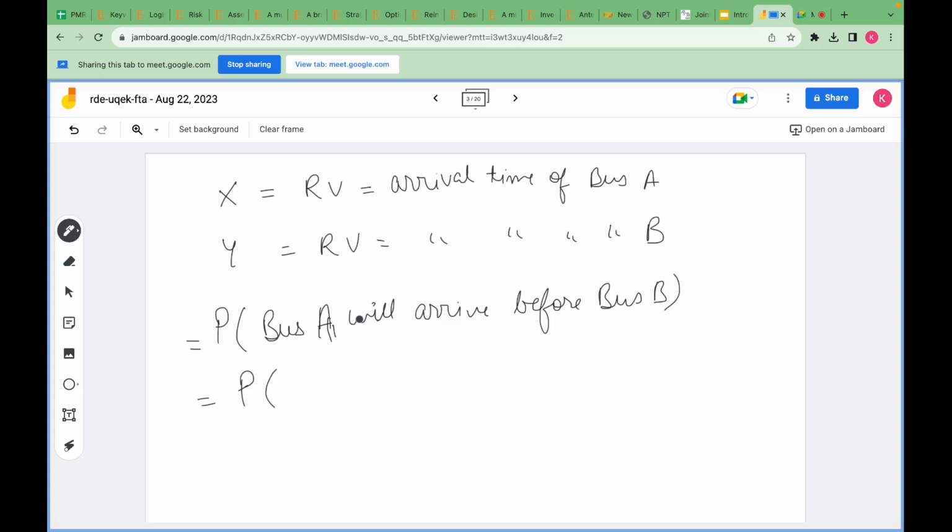X is the arrival time of bus A and y is the arrival time of bus B. We need to show the probability that bus A will arrive before bus B.